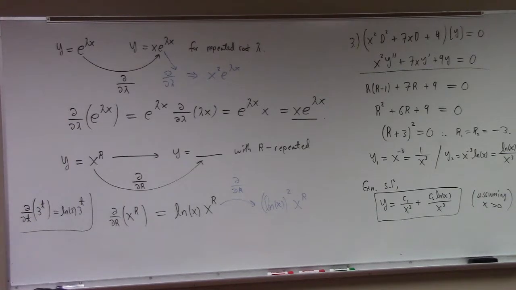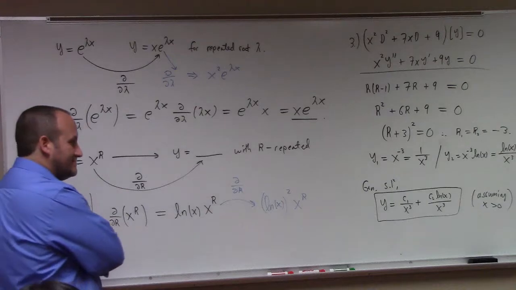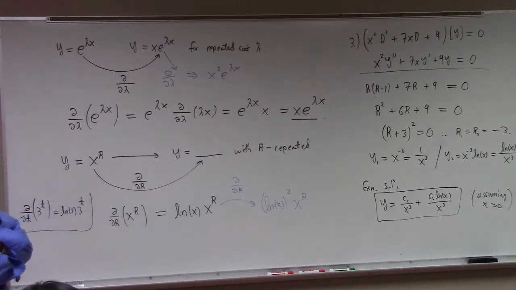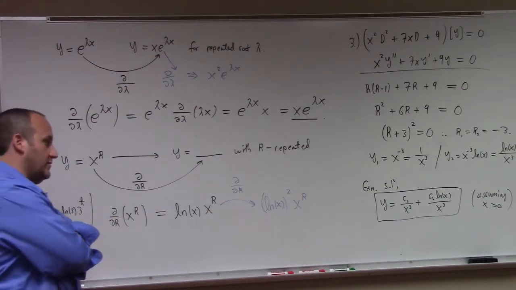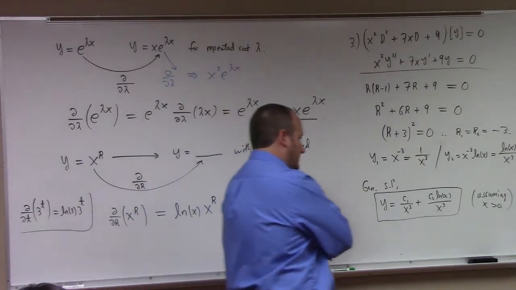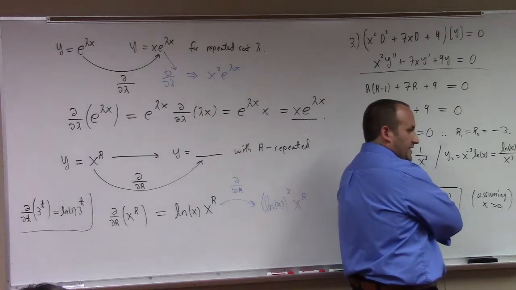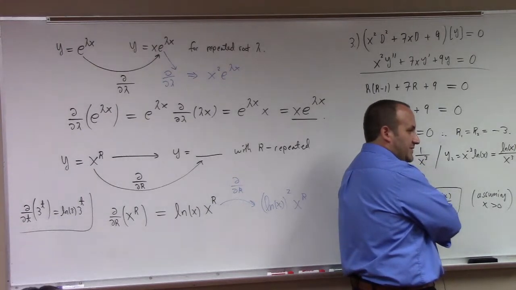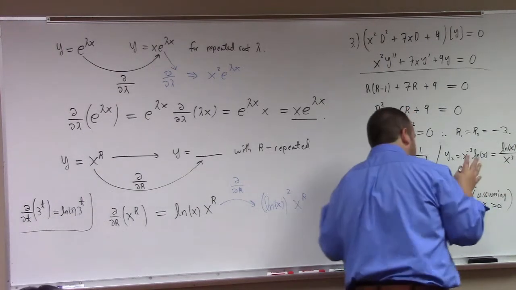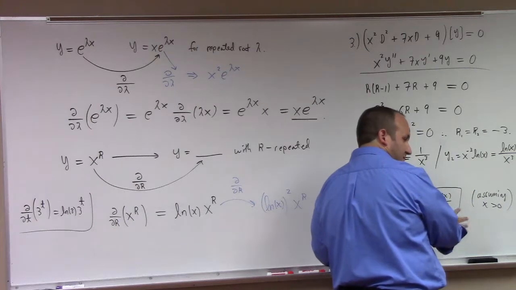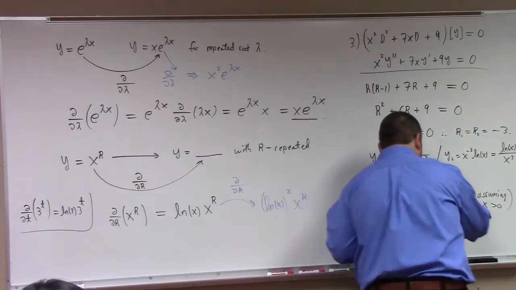So I get why x can't be 0, but why can't it be negative? It could be negative. I'm assuming x is greater than 0, which means that I wrote natural log of x. What I'm trying to say is this is the solution for positive x. The solution for negative x is not that hard to find.